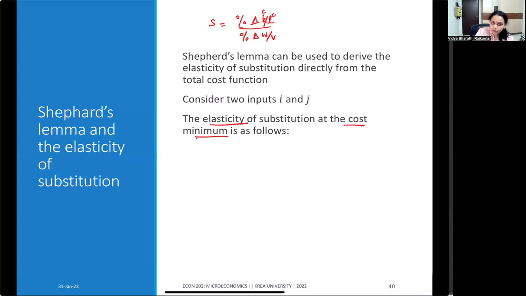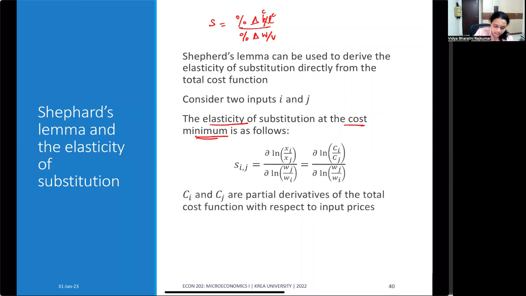So if we just substitute the Shephard's lemma notation into this elasticity of substitution formula, the elasticity at the minimum cost point can be rewritten in this manner, where Ci and Cj are actually just partial derivatives of your total cost function with respect to a particular input price. So here, if xi is my input, Ci is just the derivative of the cost function with respect to its price.